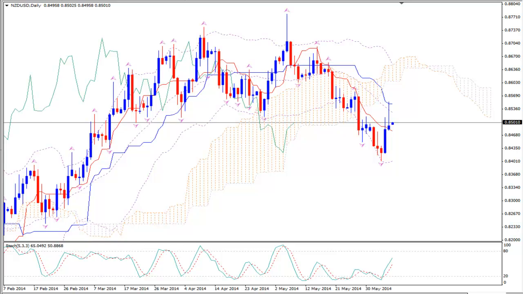The third criterion here is that we want to see a strong and fresh bullish price Tenkan-sen cross. We had that the previous trading day, and we see that this candlestick here crossed and closed above Tenkan-sen, the Ichimoku red line, and now it's time to go to the smaller time frames.